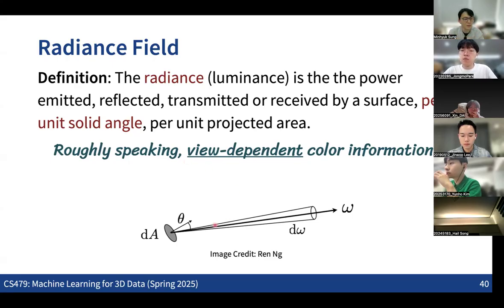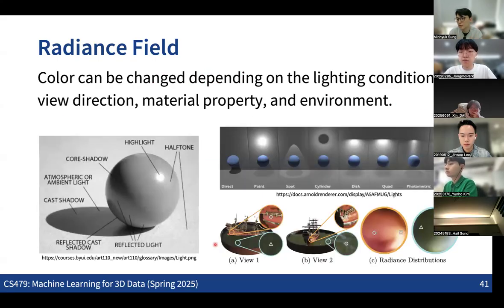Obviously, color is an inherent attribute of the object, but the color can still vary depending on the lighting condition. Depending on the lighting in the space, the view direction, the reflection, the properties of the surface, and many other things, when we render some 3D things into images, the color corresponding to each point can vary, right?